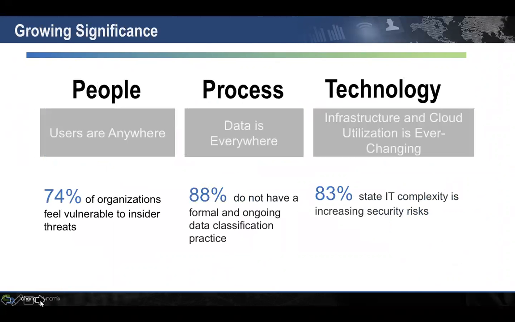Yeah, I think that's interesting. We're seeing this as a growing significance out there. And it's not just an insider threat. Again, the traditional definition is people, right? It's a person who has malintent against your organization.